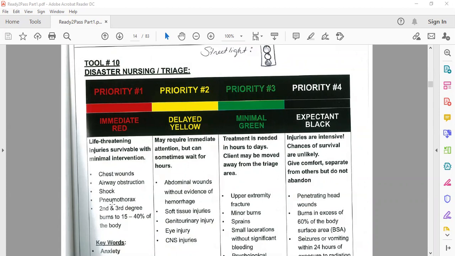If you do not stop the blood loss, the patient will go into shock. Other examples are abdominal wound without evidence of hemorrhage, or internal hemorrhage, where there are no external injury signs, which is very hard to predict. Also soft tissue injury or genitourinary injury, eye injuries, or central nervous system injuries. These are priority number 2.